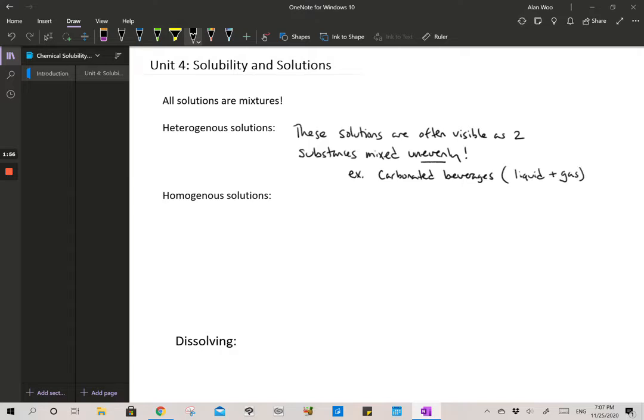But most of the solutions that we're going to concern ourselves with are actually homogeneous solutions. So just like the definition for homogeneous mixture, these are solutions that are mixed evenly or uniform.